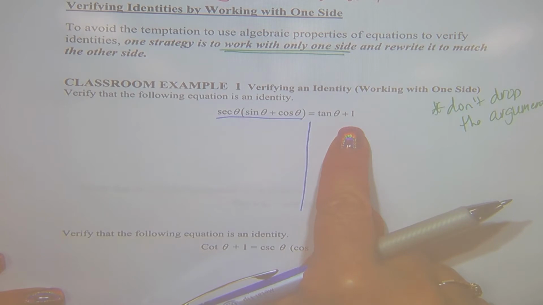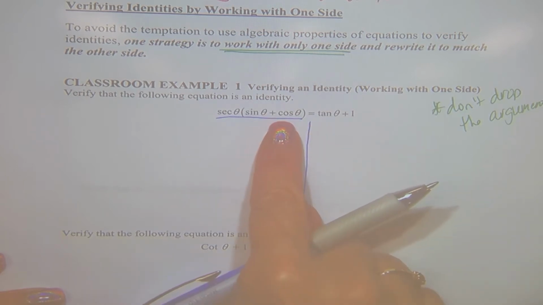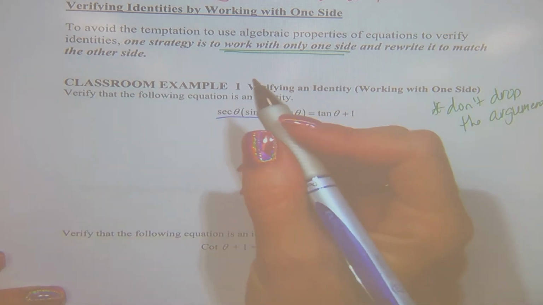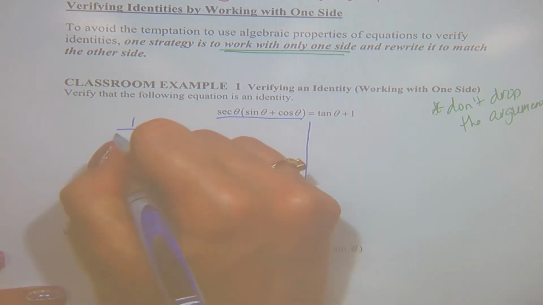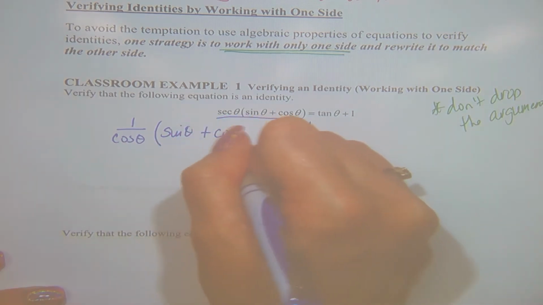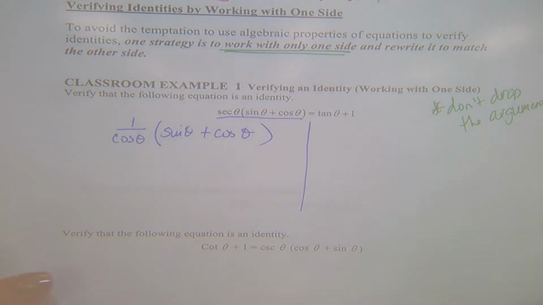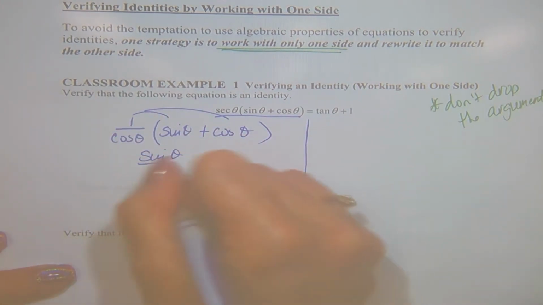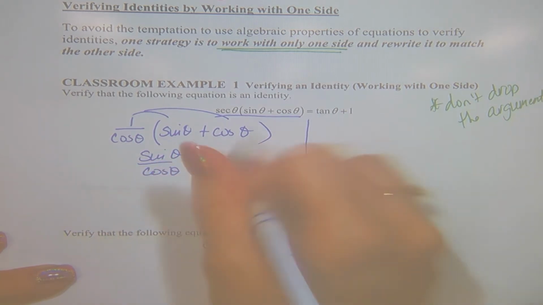Well, I don't see a tangent, but I can rewrite secant in terms of cosine. So let's write it as 1 over cosine theta times that binomial in parentheses, and then we're going to distribute and see what we get. When I distribute and multiply them in, I get sine theta over cosine theta plus 1.